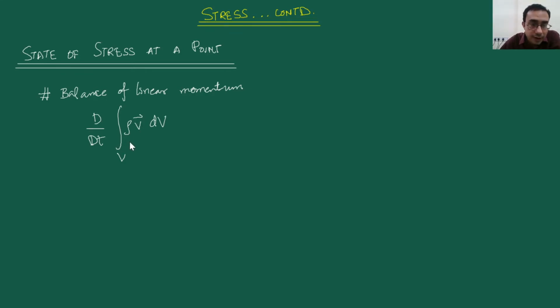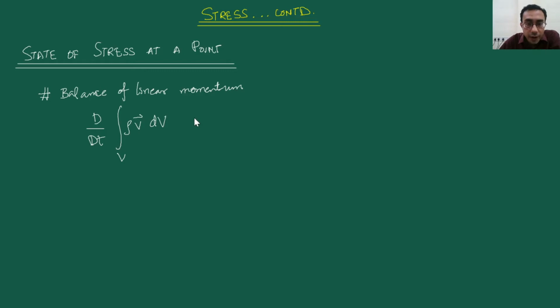You can think of this like the density times the elemental volume dV, that gives you the elemental mass, and elemental mass times the velocity gives you the linear momentum, and integrated over the volume, that gives you the total linear momentum. Okay, and d/dt of course is the time derivative.